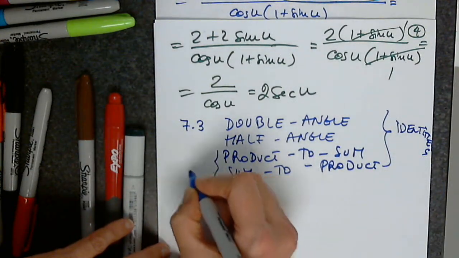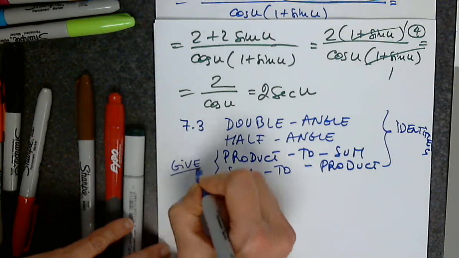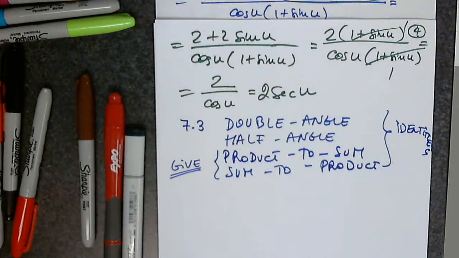These I will give. Yes, the product to sum and the sum to product, I will not ask you to memorize them. If I put something like this on the next test or the final exam, you will be given those two formulas. They are useful.